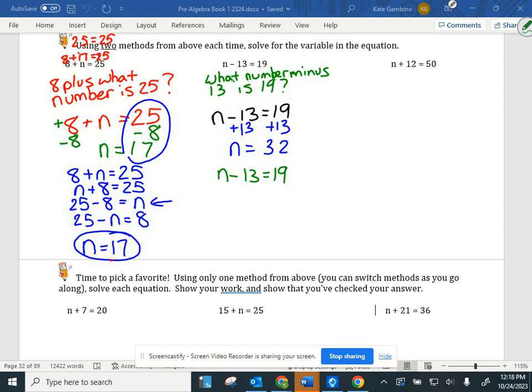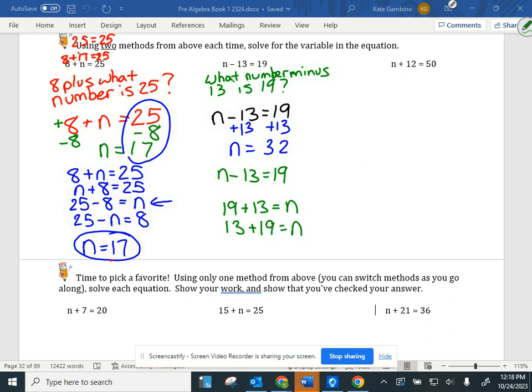So what would my other subtraction one be? What do you think, Kyle? Or can you give me some addition ones? Would it be 19 plus 13 equals 32? Equals n. What would be my other addition? 13 plus 19.